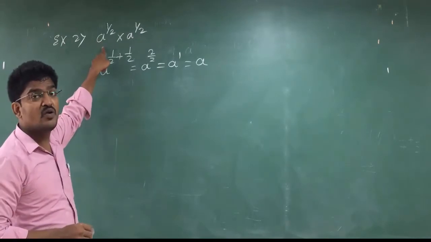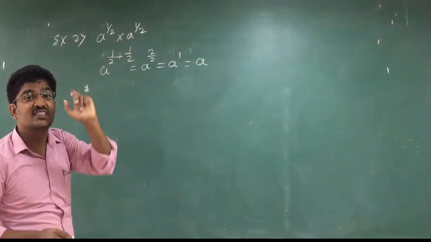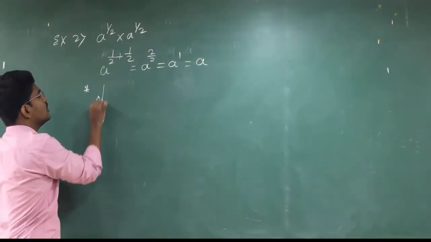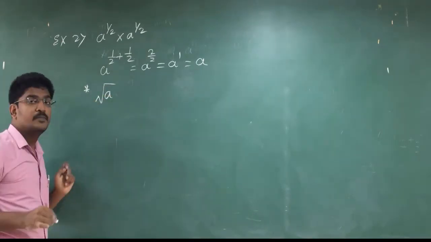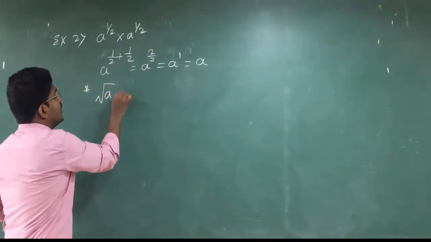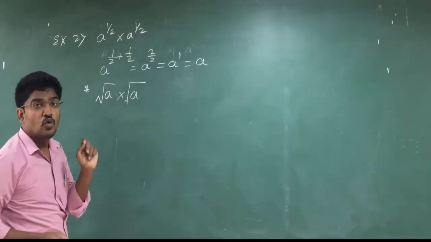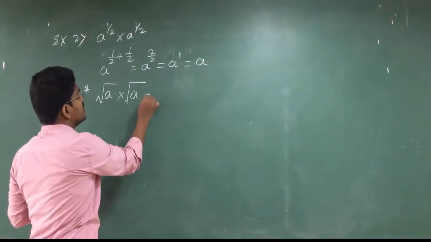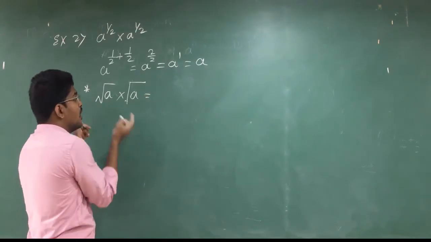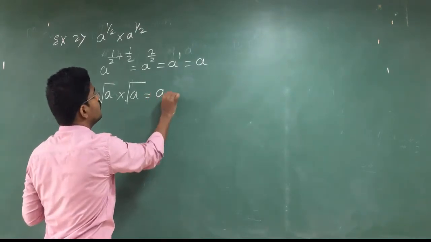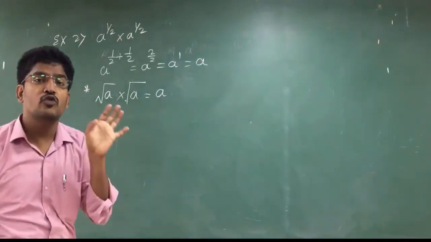This a to the power of 1 by 2 is nothing but root a. Clear? Into a to the power of 1 by 2, which again is nothing but root a. If you multiply two roots together, it will be equal to the number independent of root.